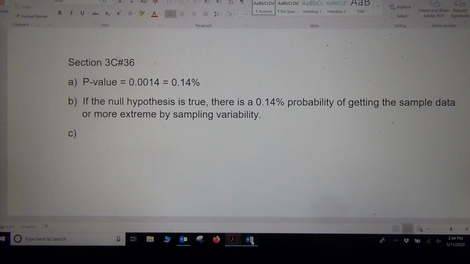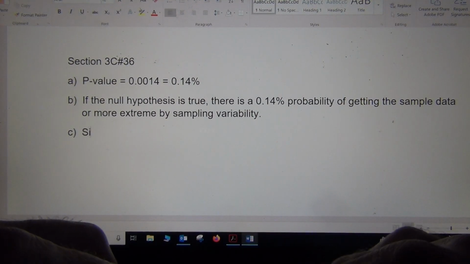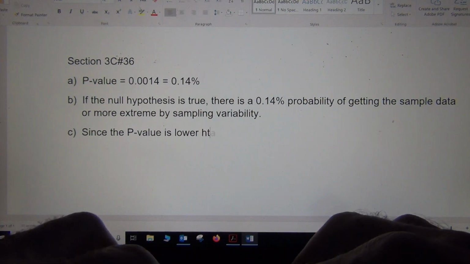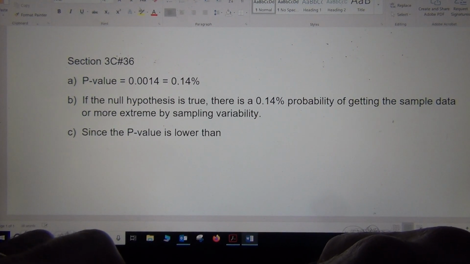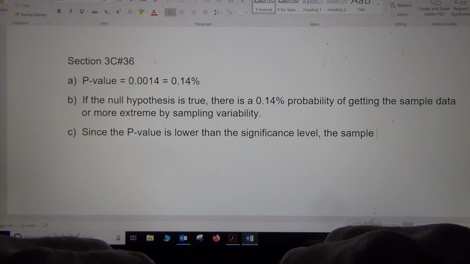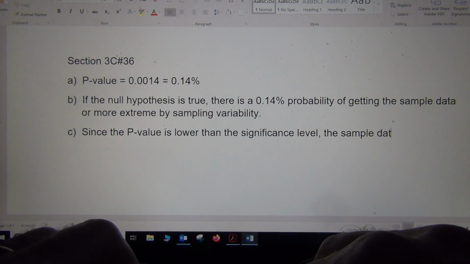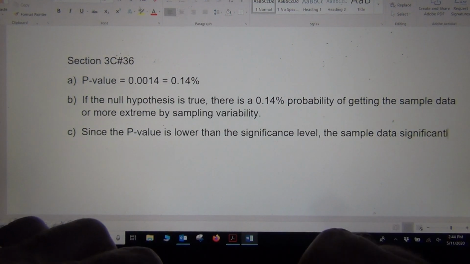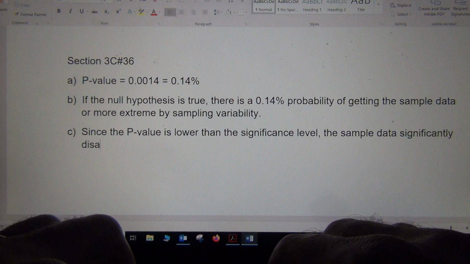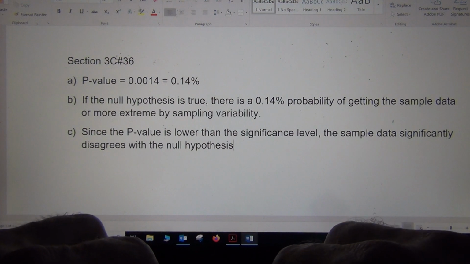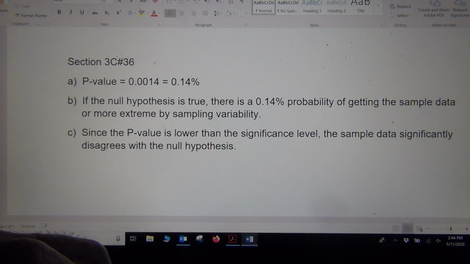And we learned in this section that since the p-value is lower than the significance level, the sample statistic or sample data significantly disagrees with the null hypothesis. Or you could say that the 98.26 really disagrees with the 98.6, right?